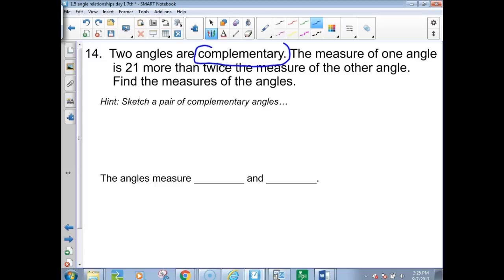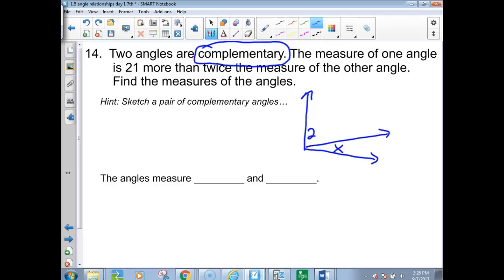Find your keywords. So I got two angles that are complementary. So I don't know which one's bigger. And you said the measure of one angle is 21 more than twice the other. One of them is X, so say that again.